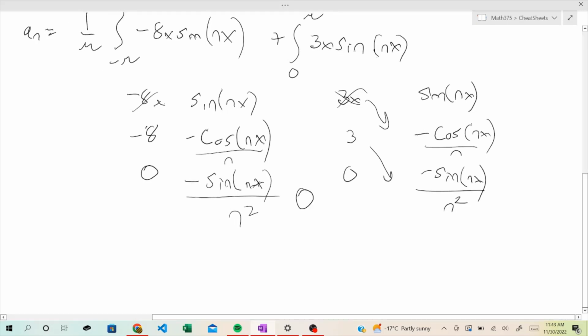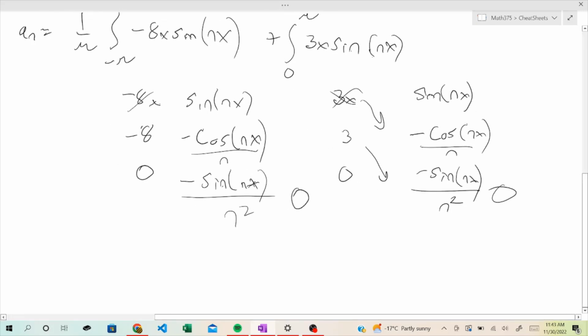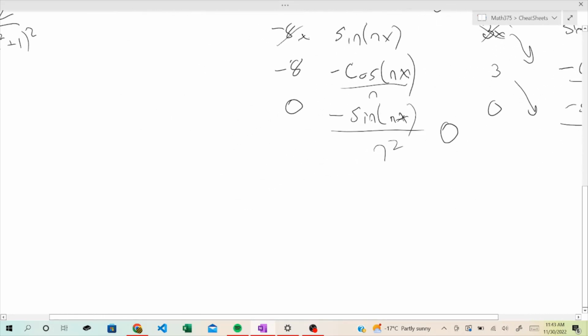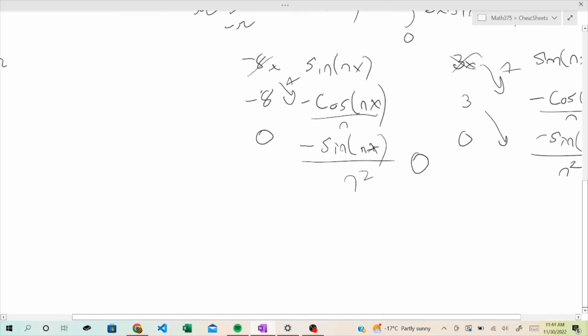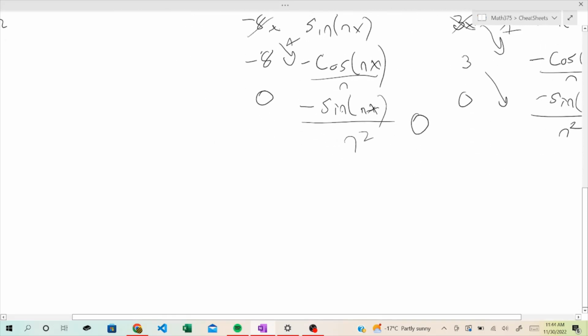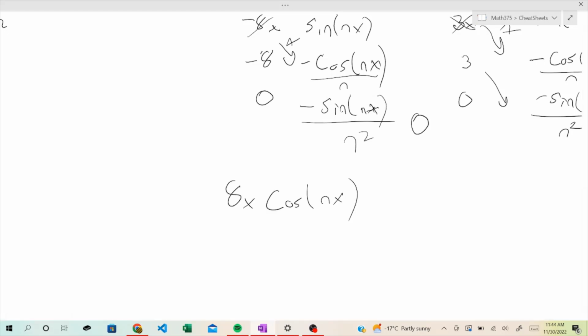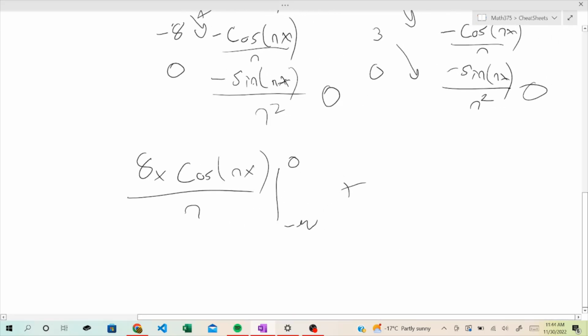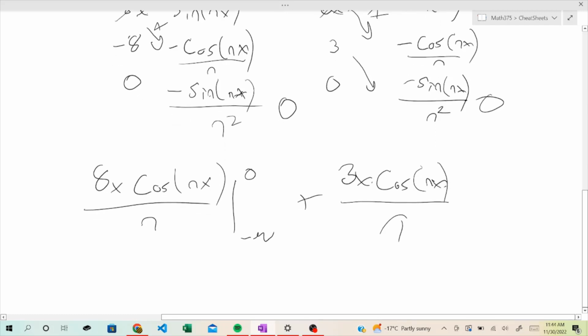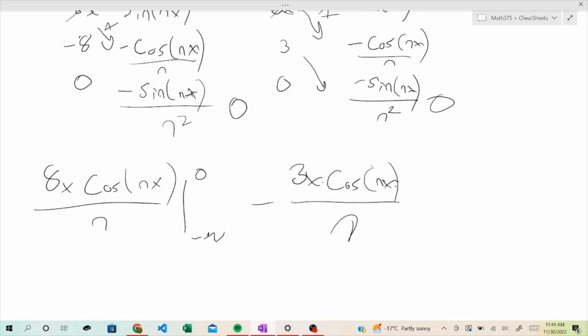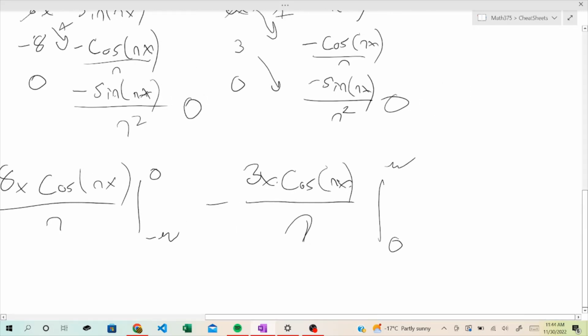Again, these sines will just go to 0 since we're evaluating at 0 and pi and negative pi. So the only things left will be these here. So this is going to become 8x cosine nx over n from negative pi to 0, plus 3x cosine nx over n, and this has to be negative, from 0 to pi.